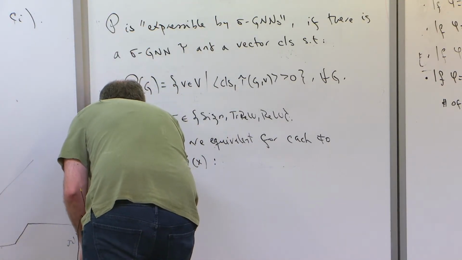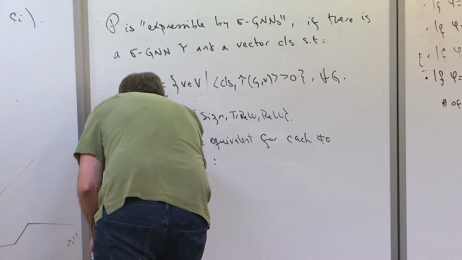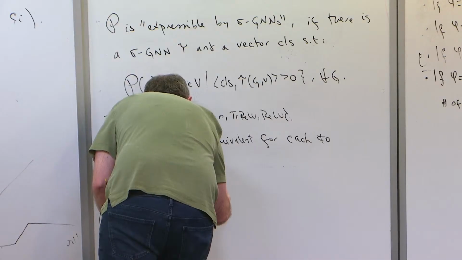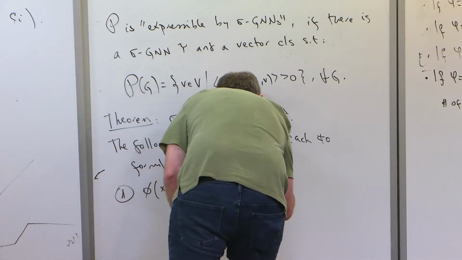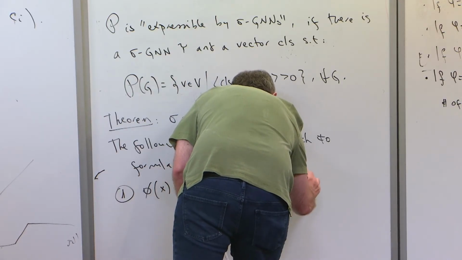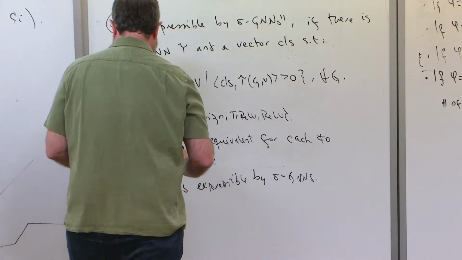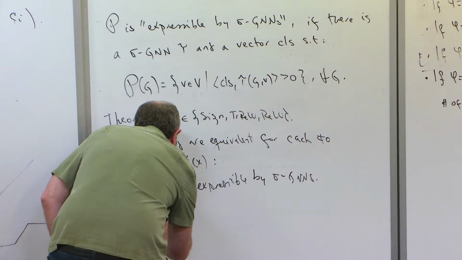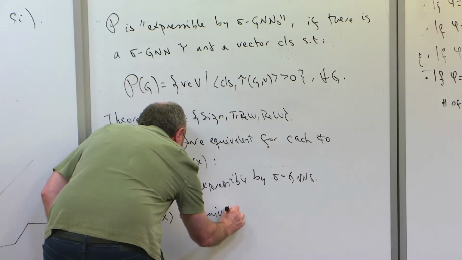One, phi of x is expressible by sigma GNNs, and two, phi of x is equivalent to a GML formula.